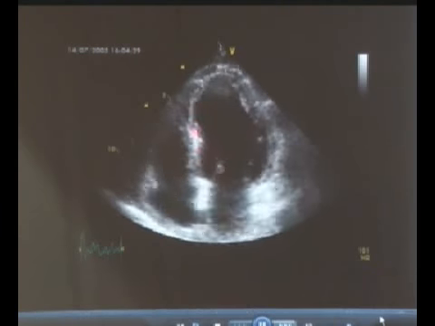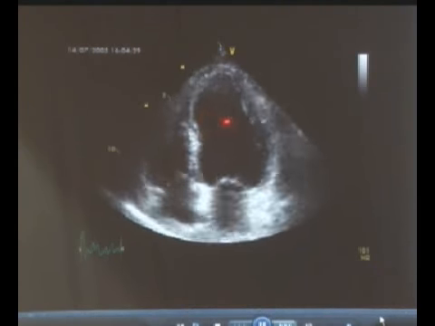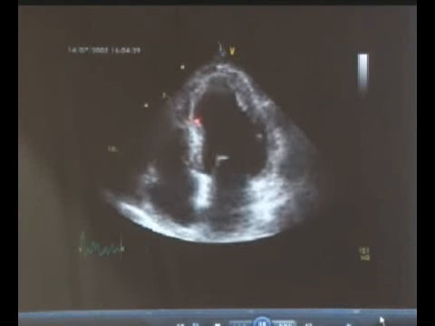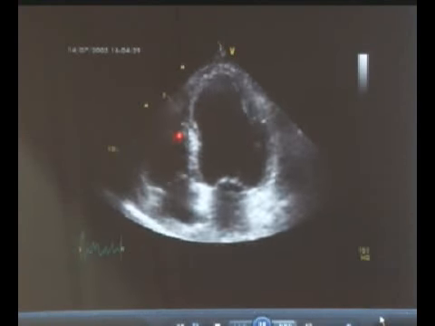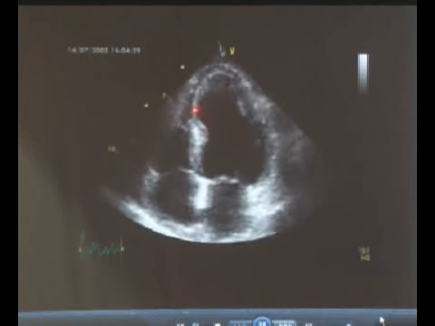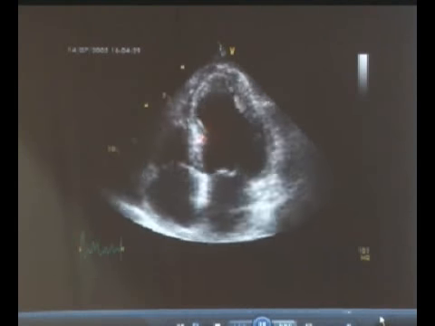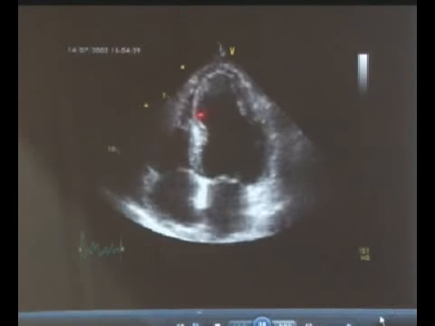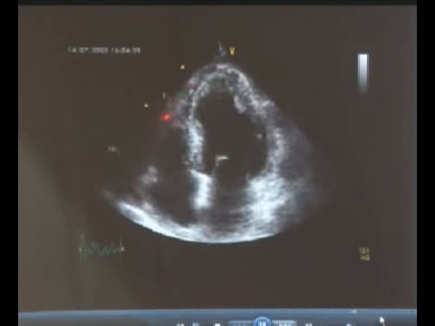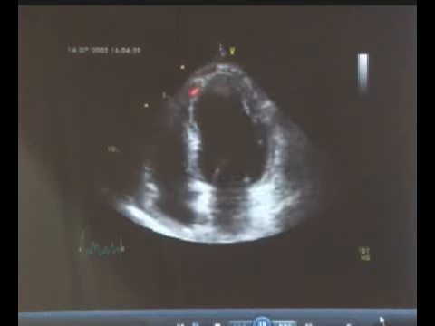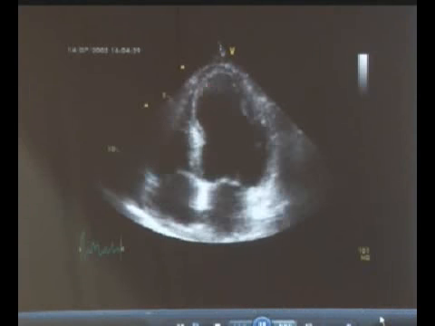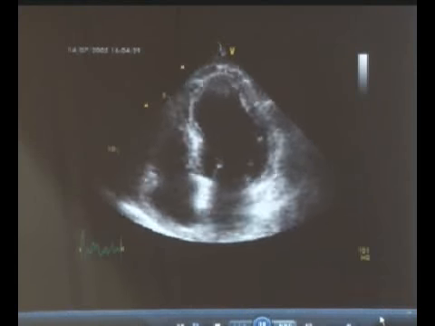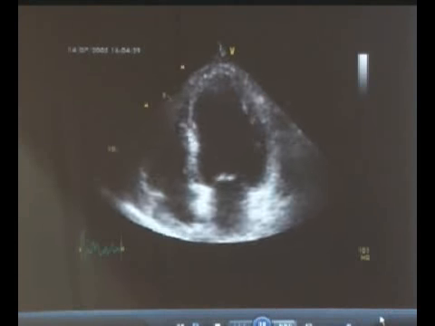And why does this appear hyperkinetic? Because this segment is hypokinetic, especially this part, and because of this hypokinetic segment, this appears to be hyper. In gist, this apical septum is hypokinetic. Thickness is less than 50%.